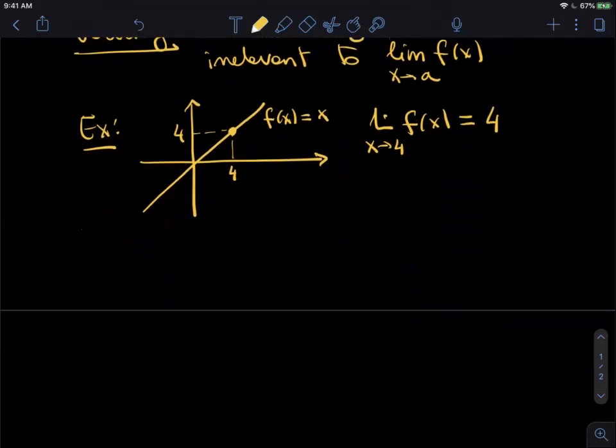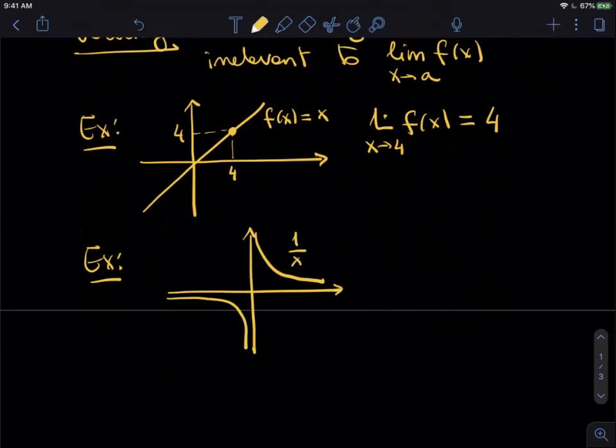More things could happen here. Let's say, for example, I take the function 1 over x, which is going to look like this. I want to find the limit when x tends to 0 of f of x. What is the limit in this case?